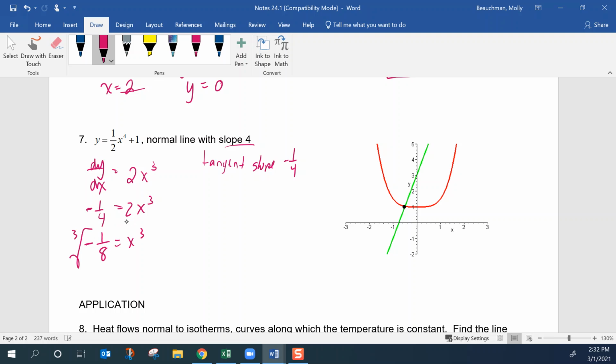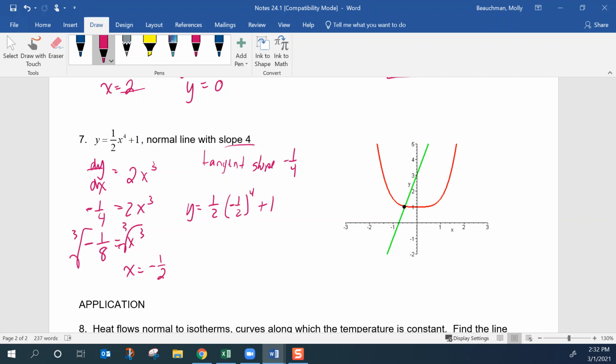Take the cube root of each side. x is equal to the cube root of negative 1/8, which is negative 1/2. So the x-coordinate is negative 1/2. The y-coordinate is 1/2 times (negative 1/2) to the power of 4, plus 1.